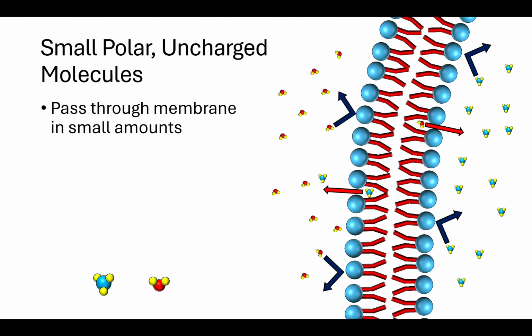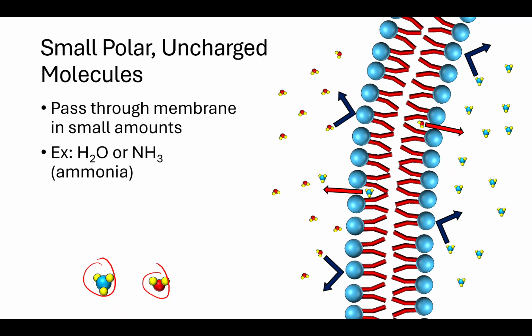Now, small polar or uncharged molecules can pass through the membrane, but they do so very slowly because they are not quite repelled by that hydrophobic layer, but they are more attracted to the hydrophilic molecules in the watery solution. Here I have 2 examples: ammonia, and water, which looks kind of like a Mickey Mouse head.